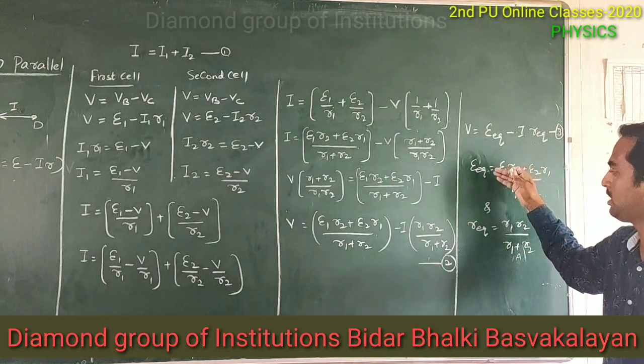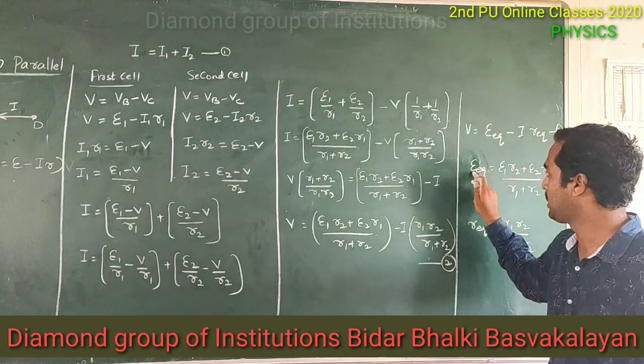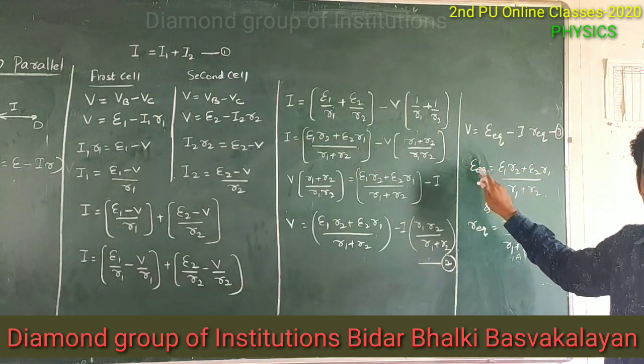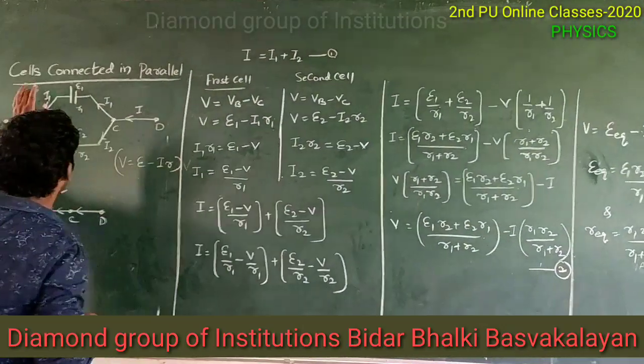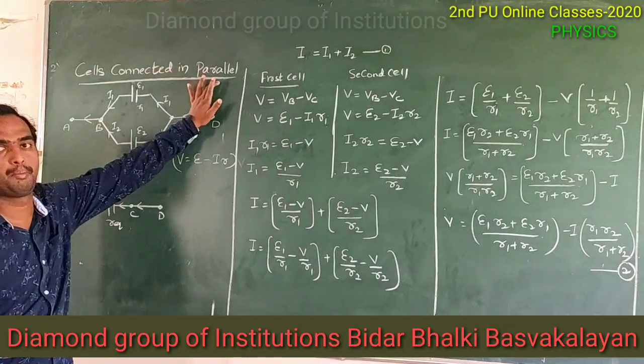So this is the expression for equivalent EMF and equivalent internal resistance when the cells are connected in parallel.